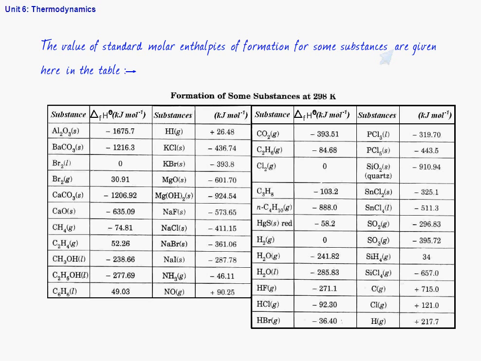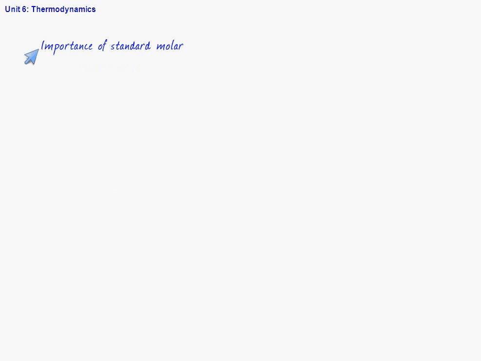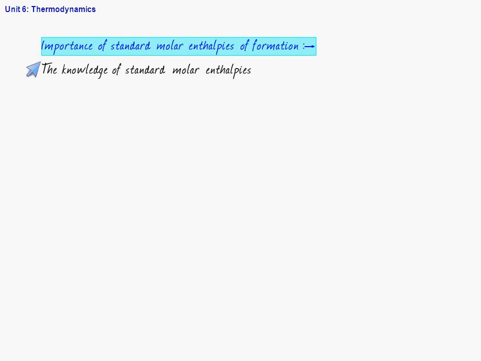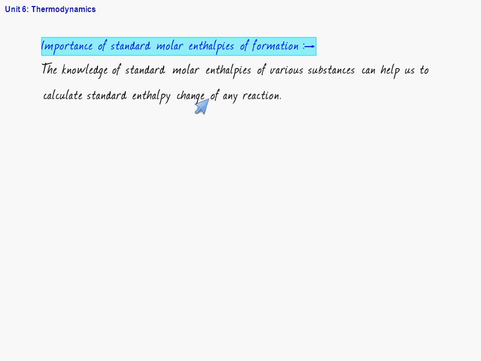Now, what is the importance of standard molar enthalpies of formation? The knowledge of standard molar enthalpies of various substances can help us to calculate the standard enthalpy change of any reaction. So if you know the standard molar enthalpy of formation of the reactants and the products, then the standard enthalpy of reaction can be calculated, and vice versa.